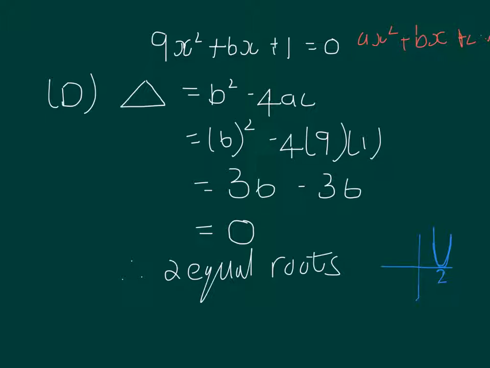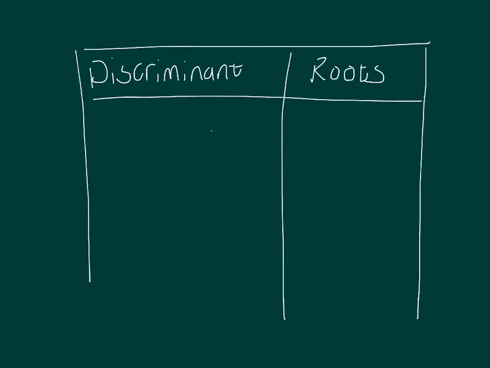So there's a shortcut or sort of a summary that you need to know for all of this, and it is as follows. The first one is, if your discriminant is greater than 0, then you have 2 different real roots. So roots is just your solutions.